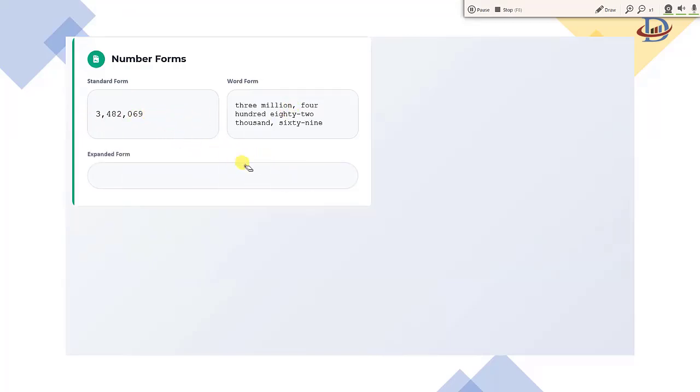Another format is the expanded form. In the expanded form, we just multiply based on the digit value.